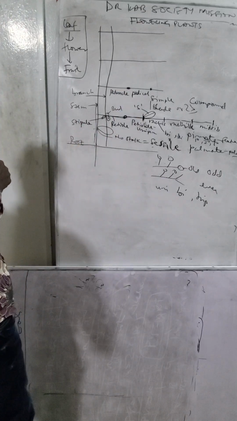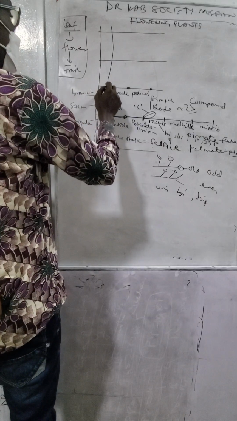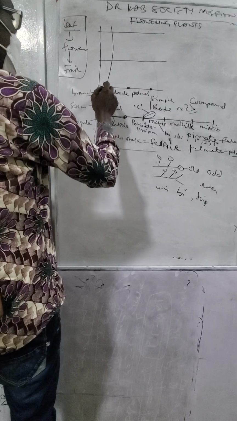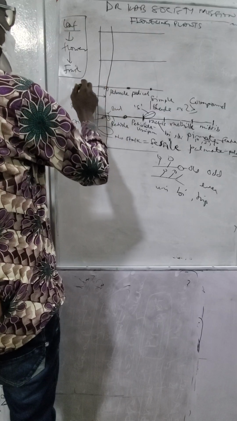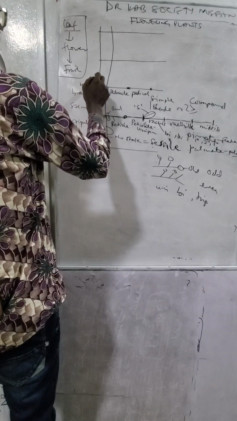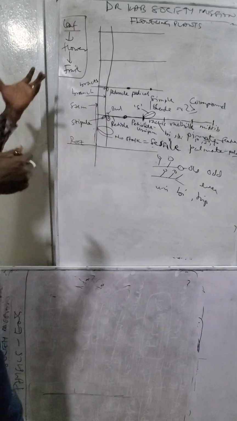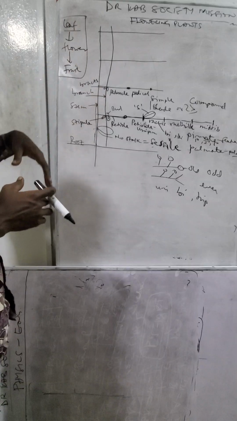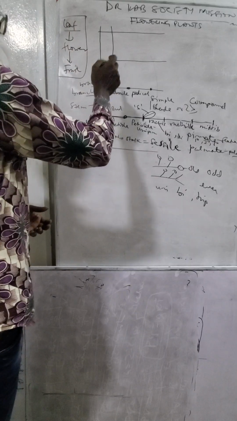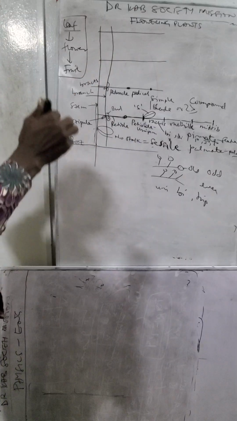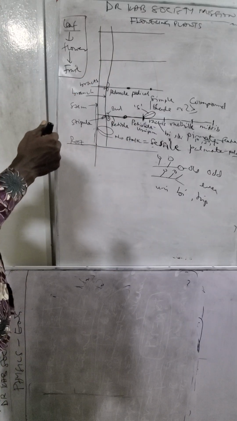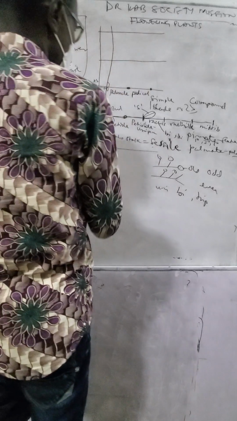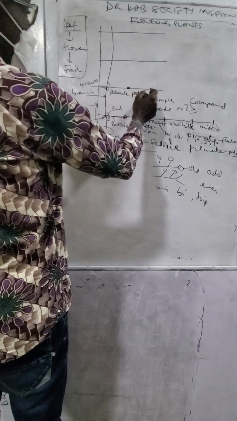Now we have the small leaves here, which we will call the bract. We have the bractlets too, that is the smaller one. So we have the bract here. Of course, once you have that, the flower itself can also be attached from this point.